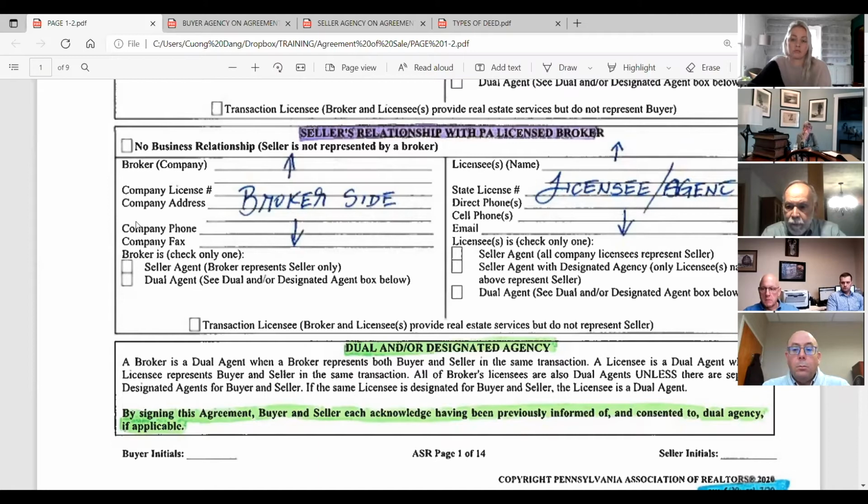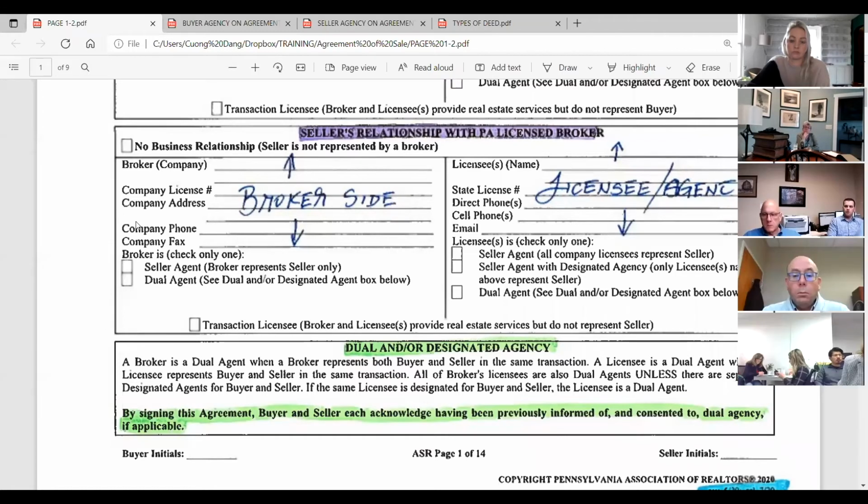Now you're giving advice. A transaction licensee can't give advice to a buyer or a seller. So it's almost impossible to be a transaction licensee in our business because you cannot give any advice to anybody. So my suggestion would be never use that box. And if you're thinking of using that box, call Kong, Brooks, or I first.